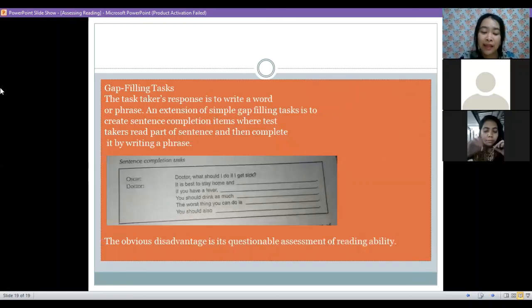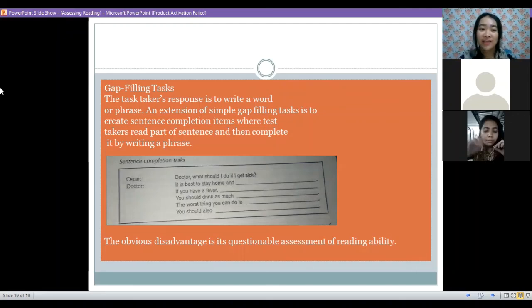And then this is our last selective task, the gap filling task. The test taker's response is to write a word or phrase. An extension of the simple gap filling task is to create sentence completion items where test takers read part of a sentence and then complete it by writing a phrase. For example, a sentence completion task. Oscar: Doctor, what should I do if I get sick?